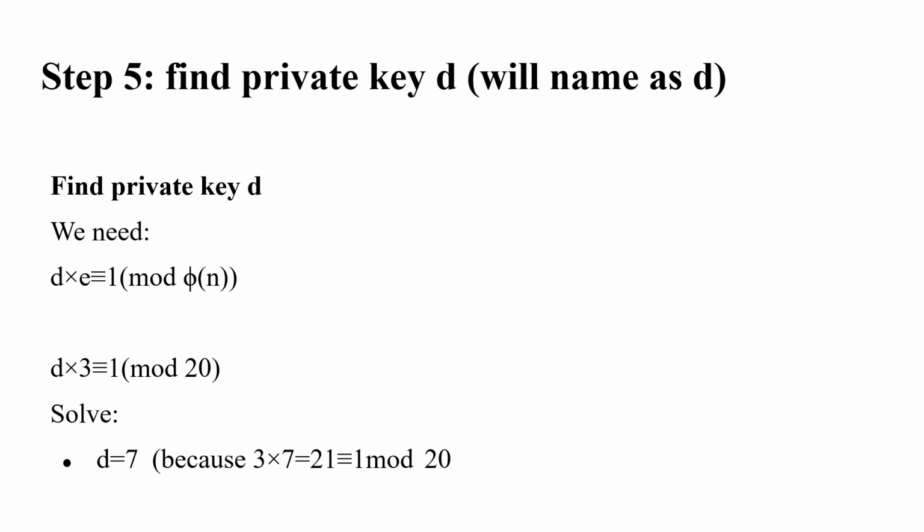D times E, where E was 3, is congruent to 1 mod phi of n, which is 20. Now, if I take D equal to 7, I have a hunch that if I multiply 7 and 3, it is 21, isn't it?